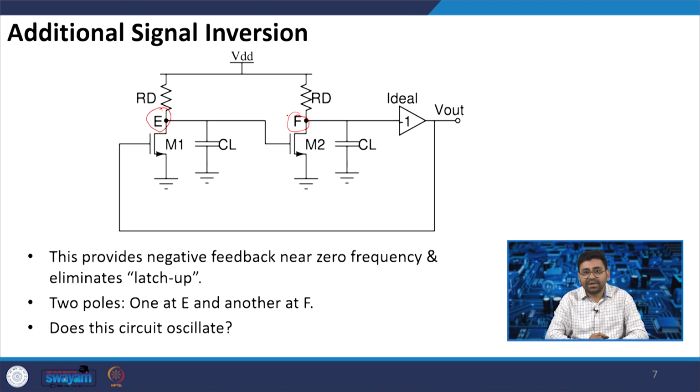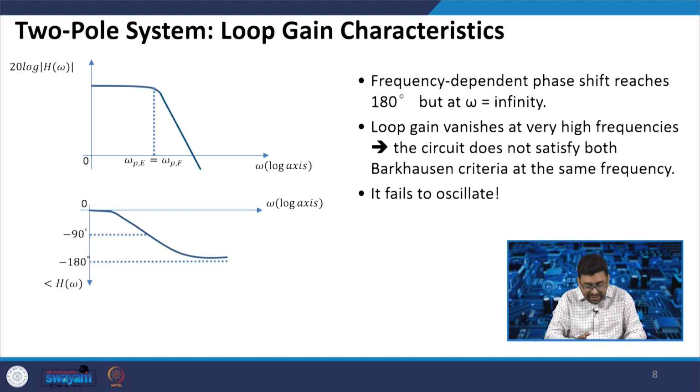Does this circuit oscillate? No, this circuit does not oscillate, because at infinite frequency, omega Pe is equal to omega Pf, and because of that there is a minus 40 dB per decade slope.